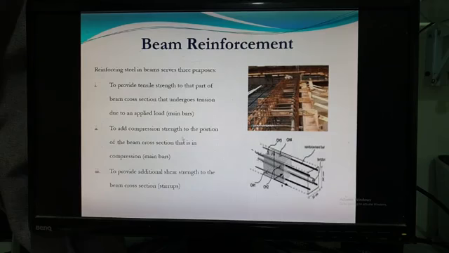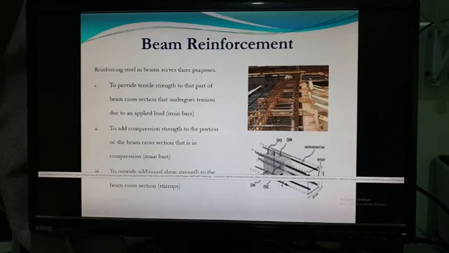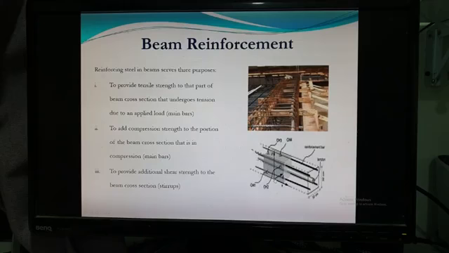And then to add compression strength to the portion of the beam, adding reinforcement will also improve the compression strength of the concrete, and the additional shear strength by introducing stirrups. So in placement of reinforcement, we have the main bar, which runs across the beam or the columns, and then we have the stirrups.